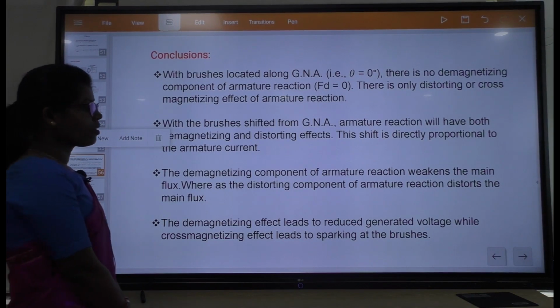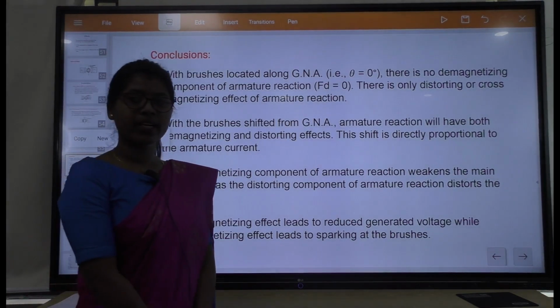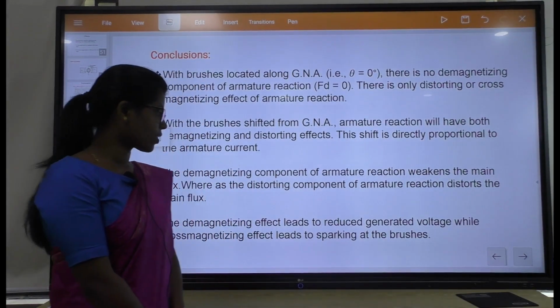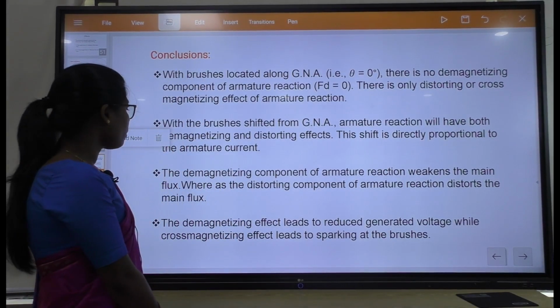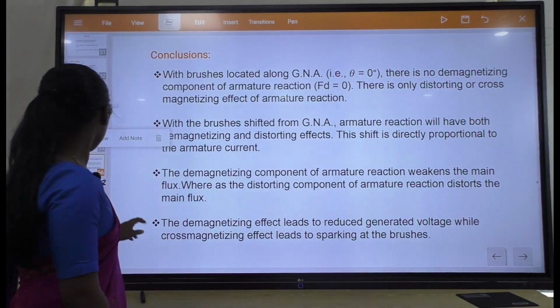So, we know the two adverse effects of armature reactions are demagnetizing effects and cross magnetizing effects. So, we need to overcome these two adverse effects.